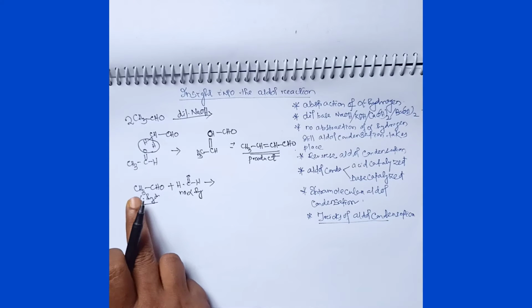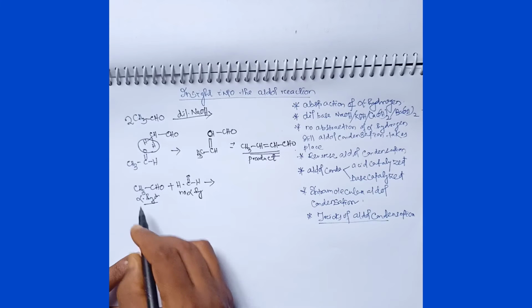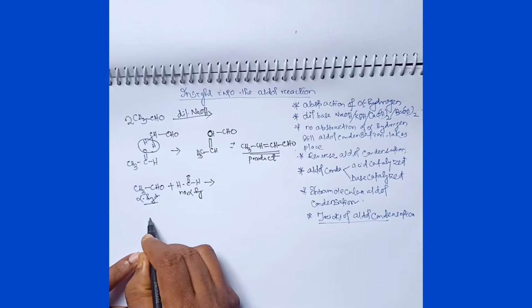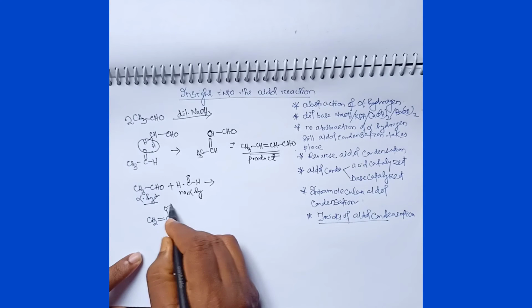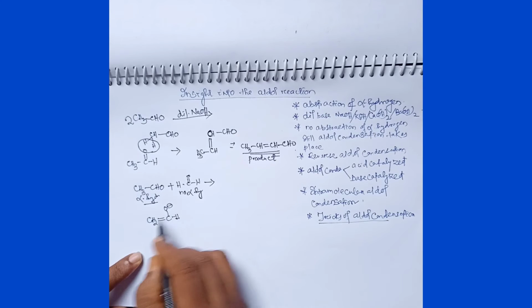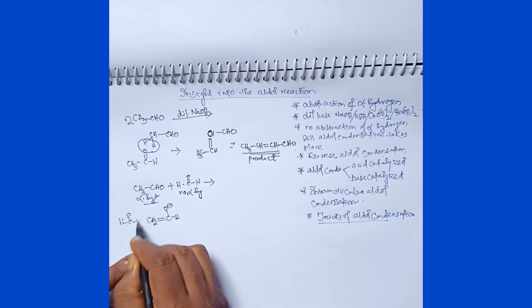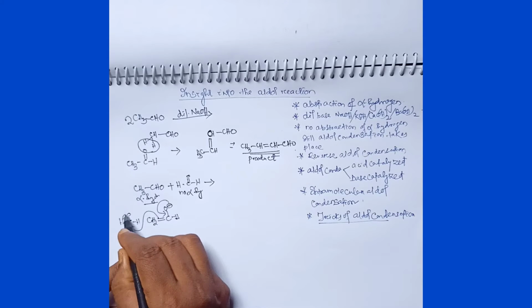So, after alpha hydrogen abstraction is done here, the attack takes place here. So, you can take the enolate first. So, CH2=CH-O minus. Now this enolate will attack the formaldehyde. It will go like this.